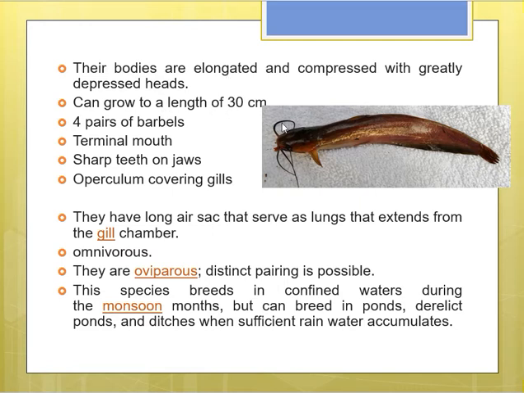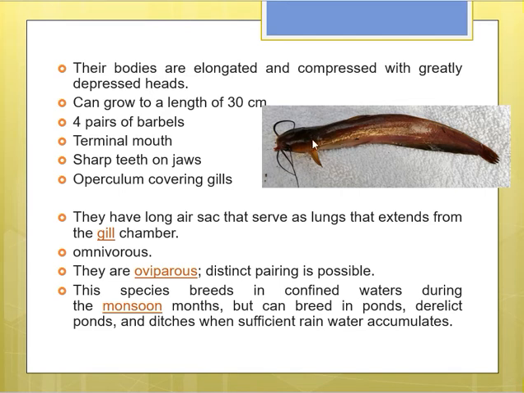It is characterized by the presence of 4 pairs of barbels, which are sensitive structures. The head bears a terminal mouth, which is bordered by jaws, and the jaws bear sharp teeth.